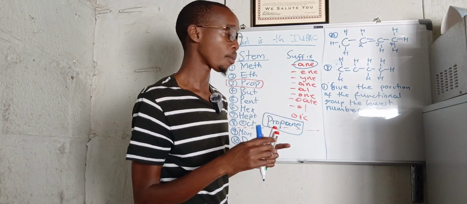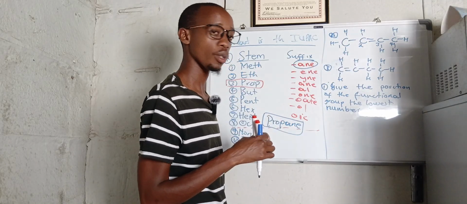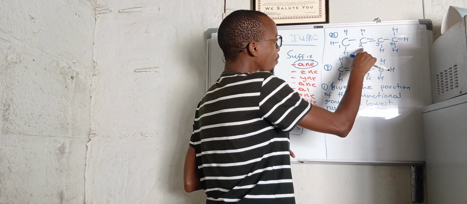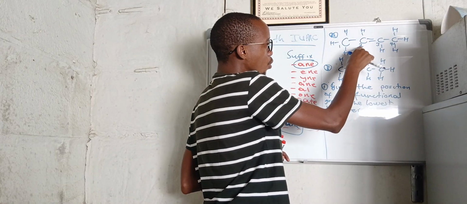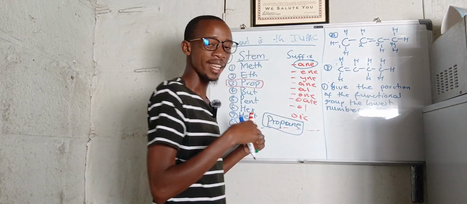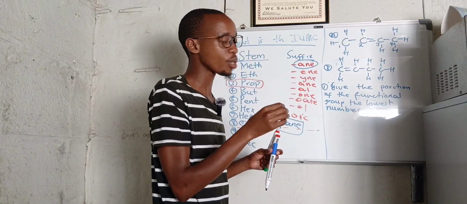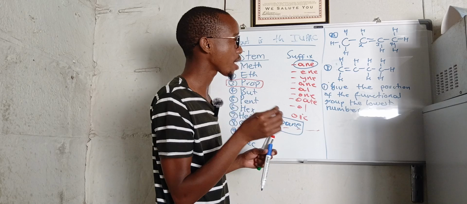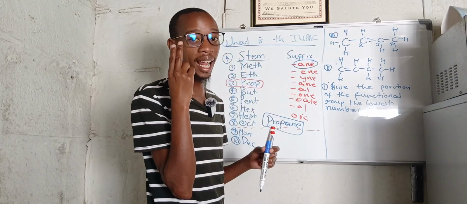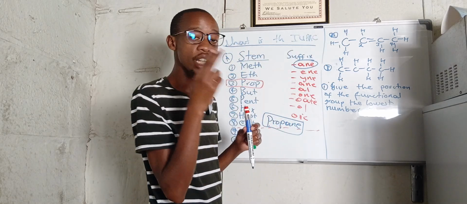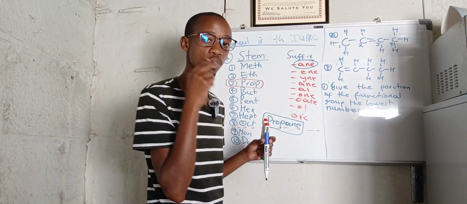That is point number 1. I'm going to come with point number 2 when you come to this molecule. Here, the functional group, which is the double bond, is between carbon number 2 and carbon number 3. It tells us that the position of the functional group is going to be taken by the number which is less between 2 and 3, which is now to our advantage 2. So the position of the functional group is going to be 2.